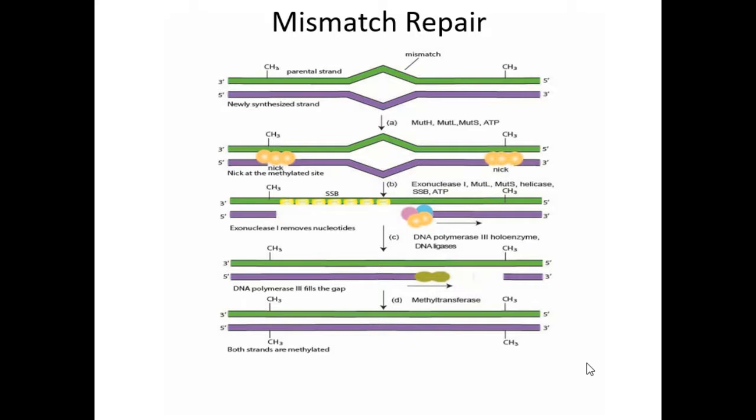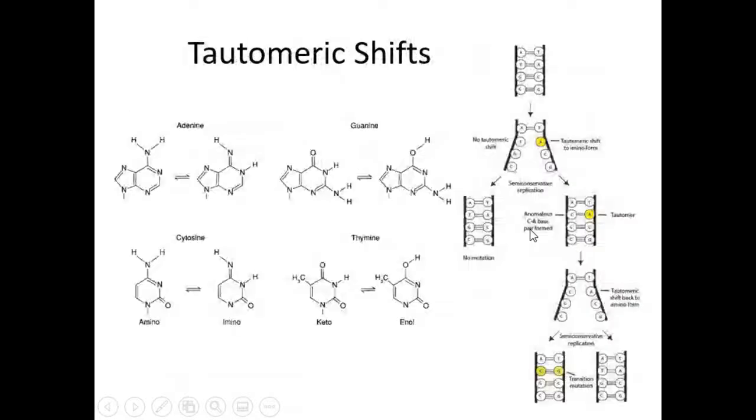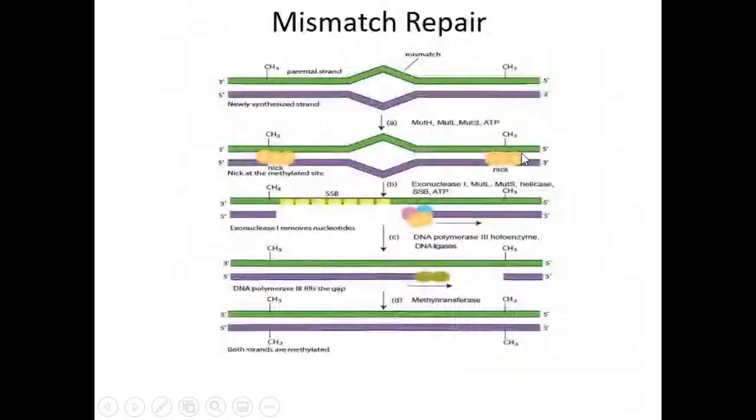Mismatch repair is one of the excision repair systems. There are three types of excision repair system: one is mismatch repair, the second is base excision repair, and the third is nucleotide excision repair. Mismatch repair can fix the problem we just discussed. These are point mutations.